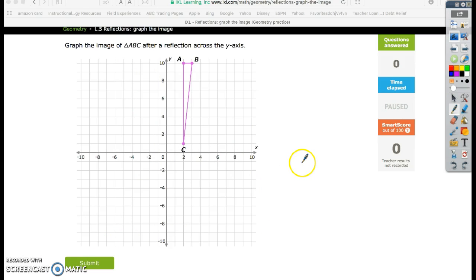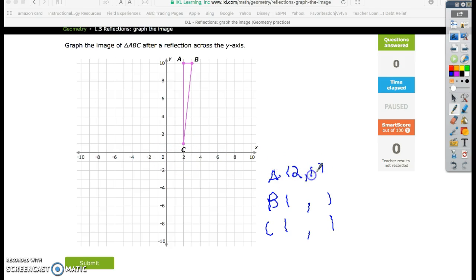Hey guys, I'm going to show you how to do a line of reflection in IXL, how to graph the image after it's been reflected. So the first thing I have to do is get my coordinates of all my points for the figure. So I have A, B, and C. Alright, for A, my coordinates are 2, 10.